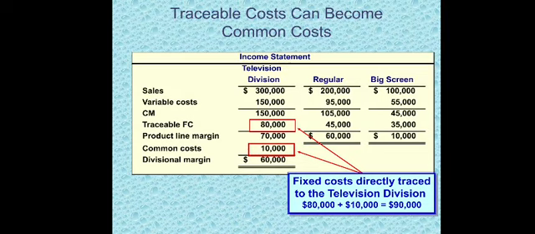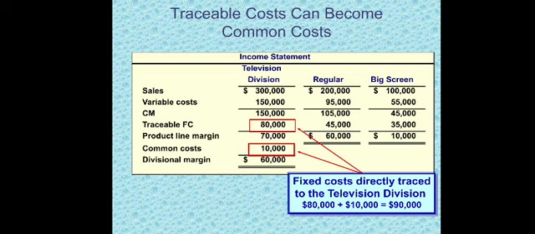The television division, the sales is 300,000, and then variable cost is 150,000, and the fixed cost of the television division is 90,000 in the previous slide.